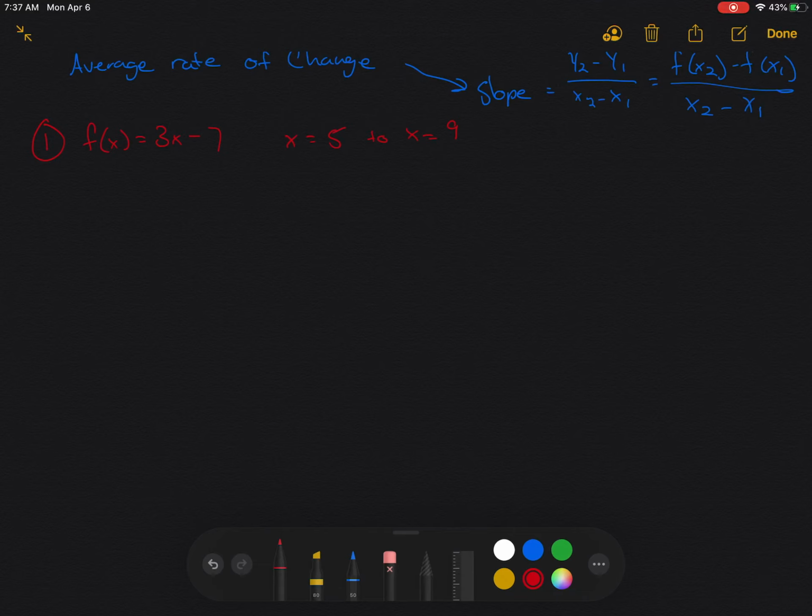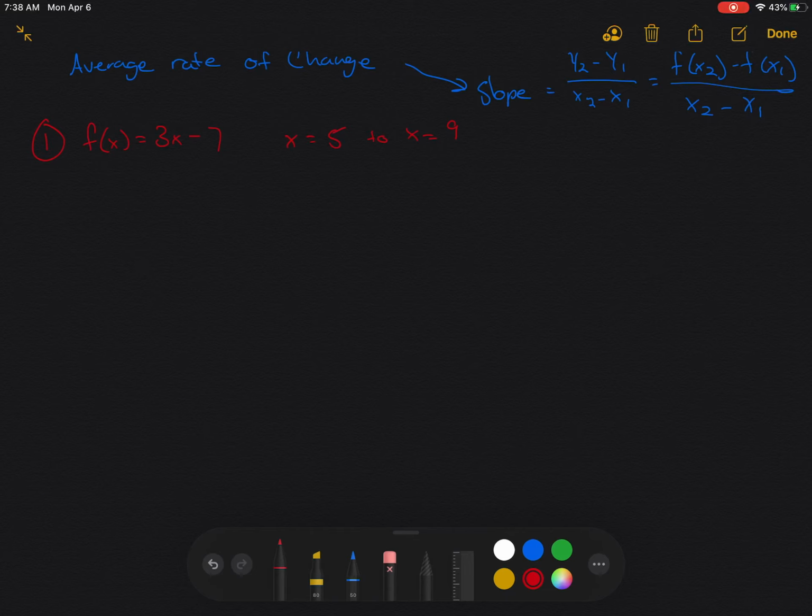The first thing we can do is plug in all this information. We can find our slope first. We're going to plug in f of x1 and f of x2, and we're going to get our slope.